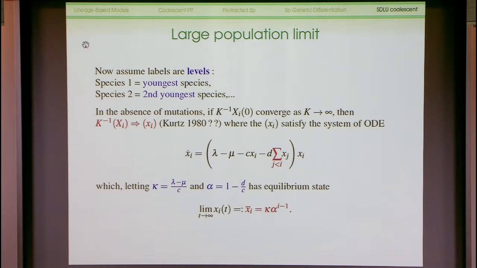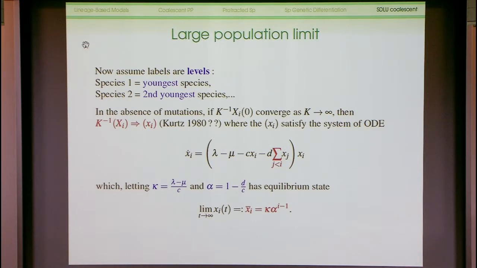So if you take the large population limit, and you label your species in such a way that species 1 is the youngest, species 2 is the second youngest, then you just get rescaling of your abundances. So Xi is the abundance of the ith species. You just get the solution to this system of ODEs, where you see that you have only competition with the younger species.